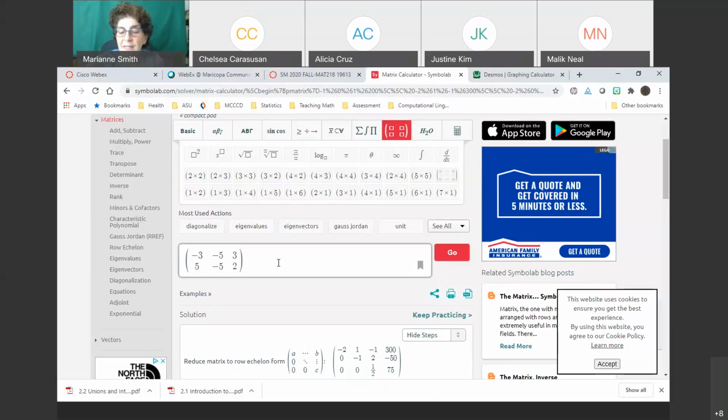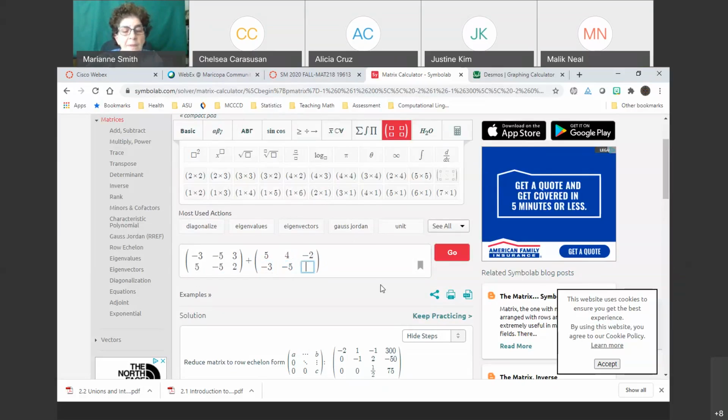I'm going to put a plus sign in here. And then I am going to put in my other 2 by 3 matrix, which is 5, 4, -2, -3, and -5, -5.